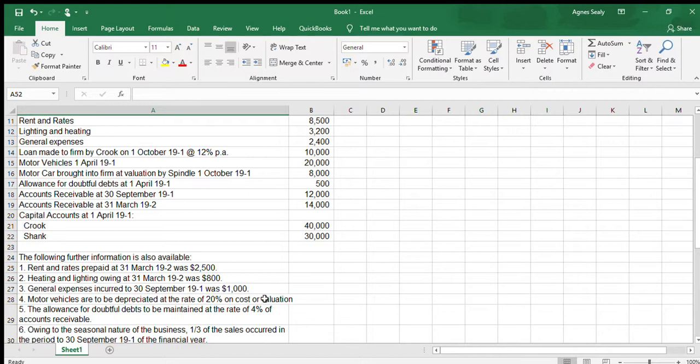So they're saying under the agreement with Crook and Shank, they incurred $1,000 in general expenses. So that has to be accounted for within that period, which means that the remainder was incurred in the period when they admitted Spindle. So then the extra $1,400 would go to the period for Crook, Shank, and Spindle.